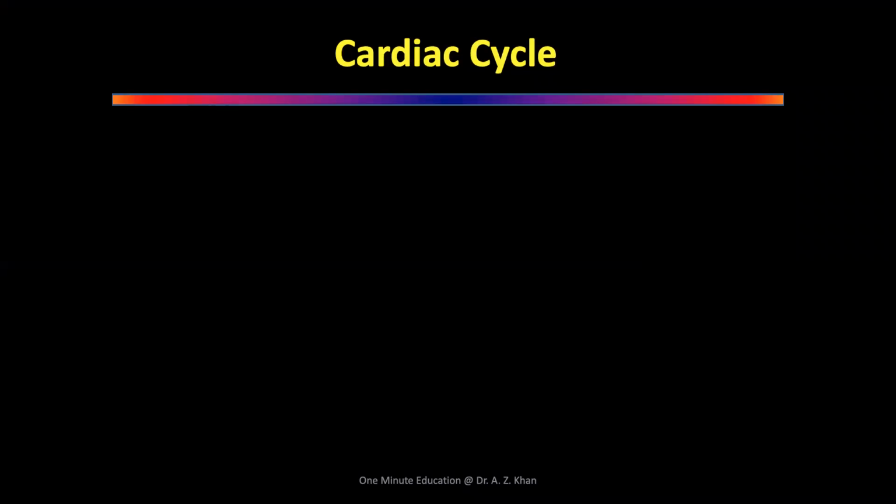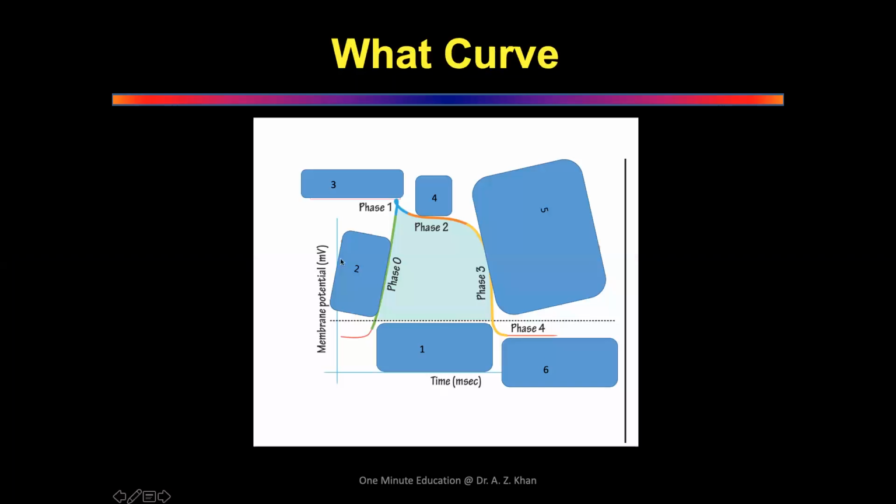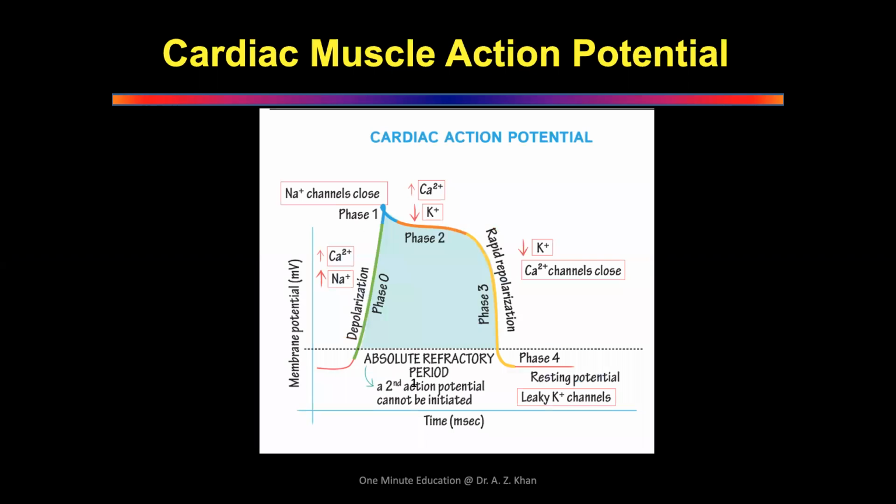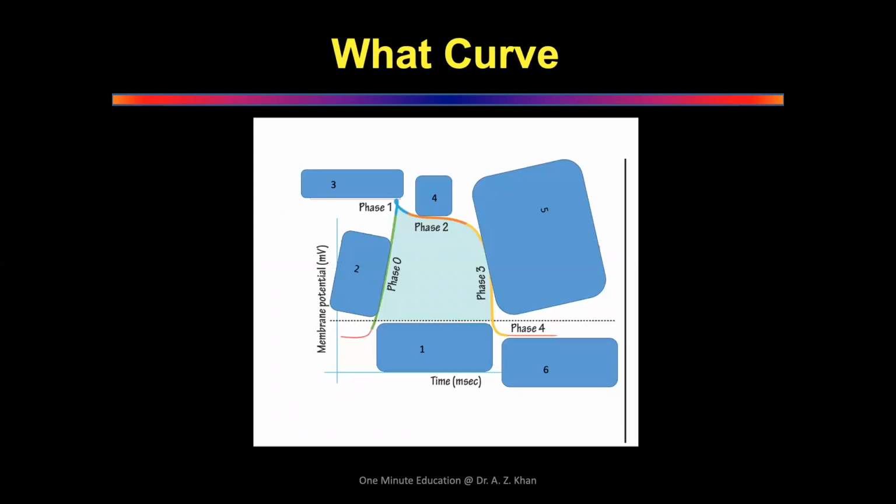1 is absolute refractory period. 2 is when the potassium channels open, fast potassium channels open. 3 is when, fast sodium channel, sorry, 2 is when the fast sodium channels open. 3 is when the potassium channels open and potassium starts leaving the cell. 4 is when calcium channels close and it reaches a plateau.